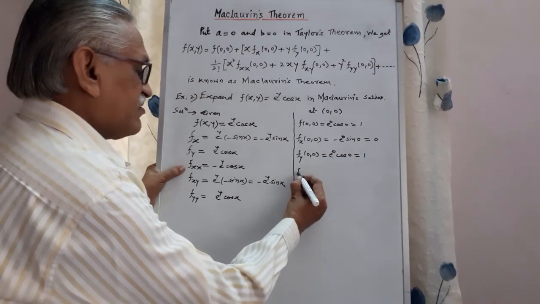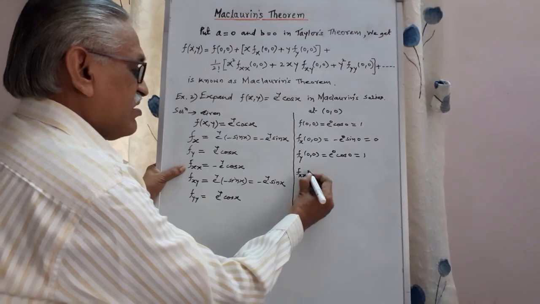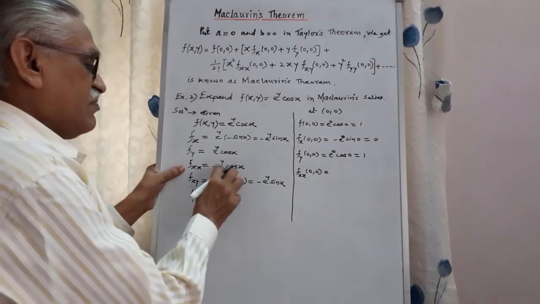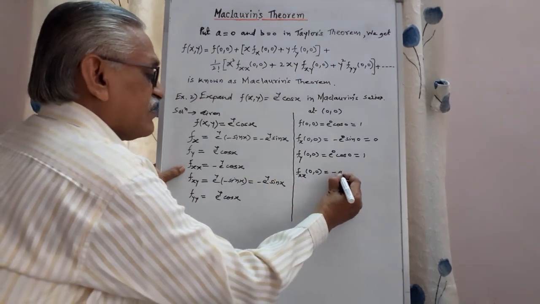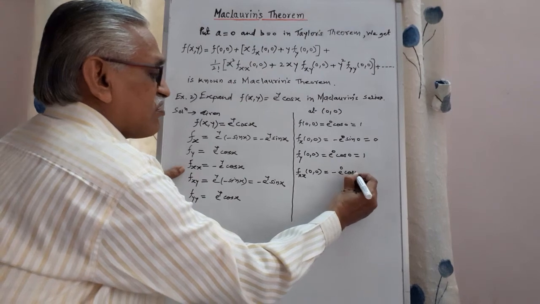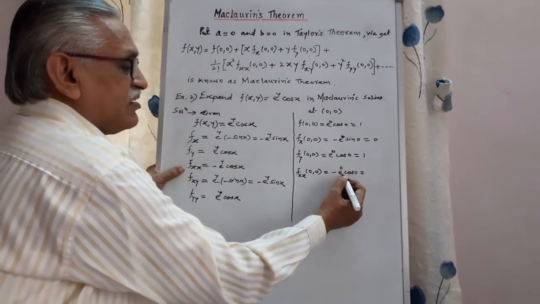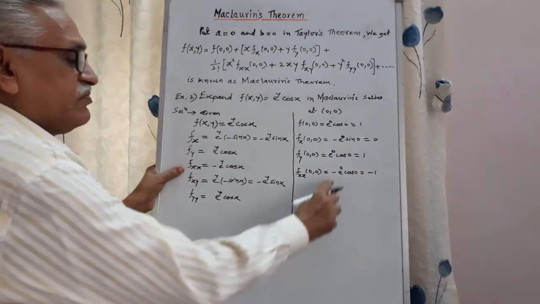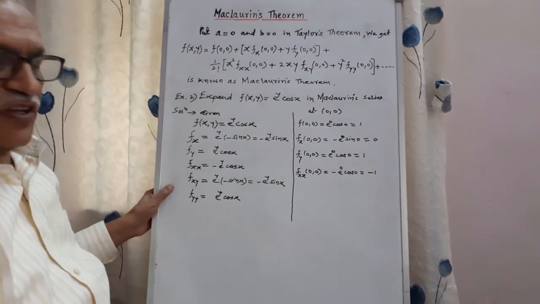F double x at 0, 0 is minus e raised to 0 cos 0, again 1 into 1 gives 1, with this minus sign, therefore the value is minus 1.